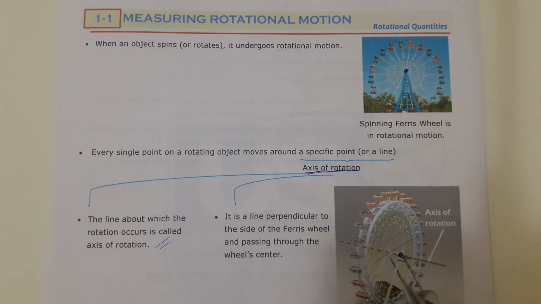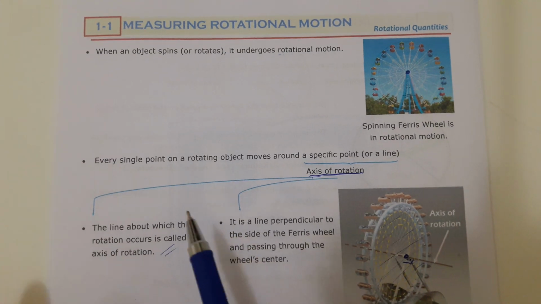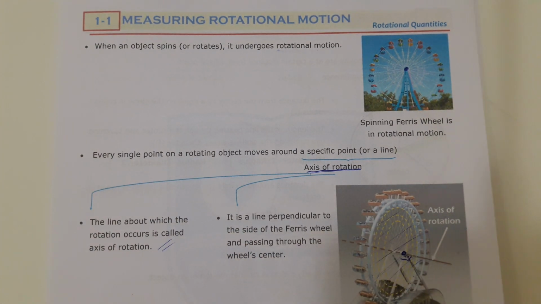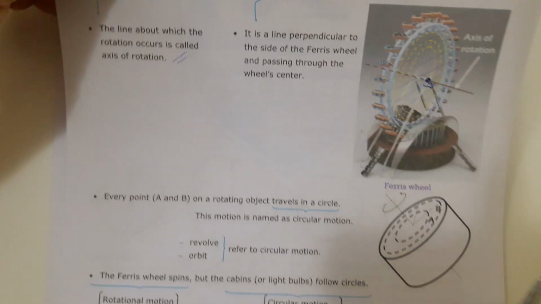You see this is the center of the wheel. So this line passes through the wheel center and is perpendicular to the side of the Ferris wheel. This is the definition of the axis of rotation specific to the Ferris wheel. The earlier one is the definition for all types of spinning or rotating objects.